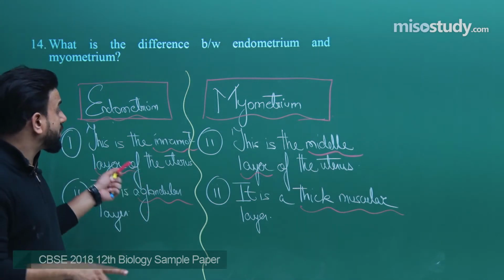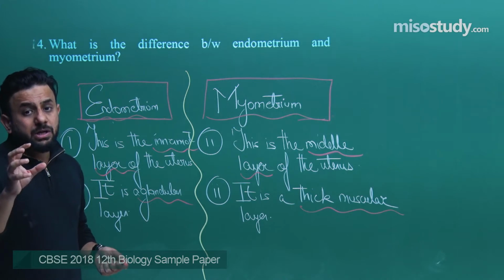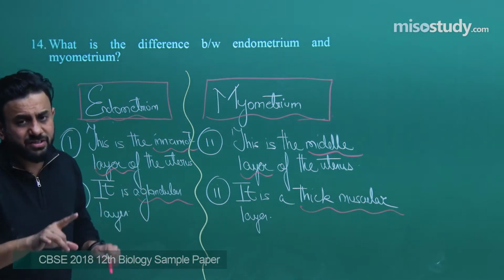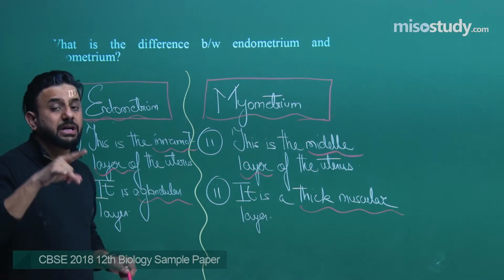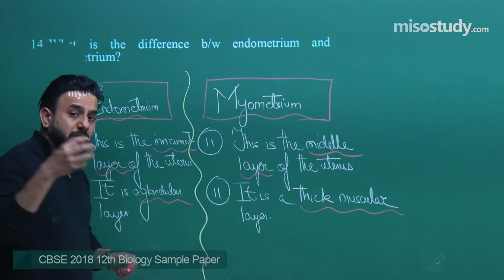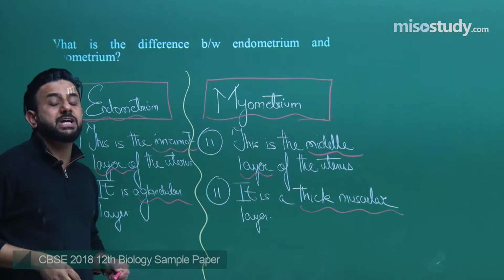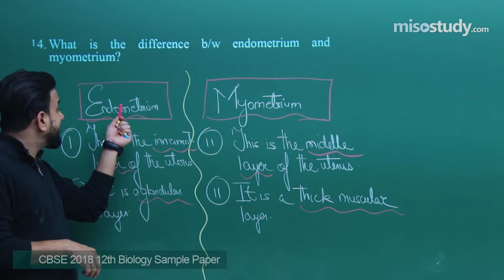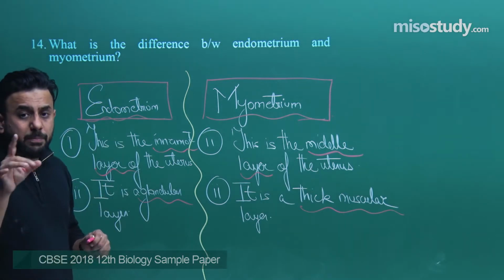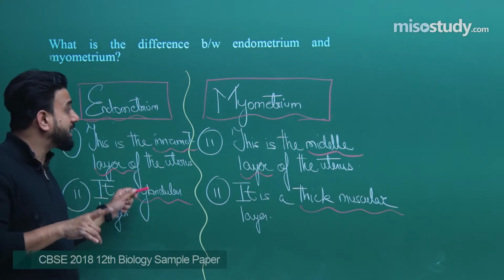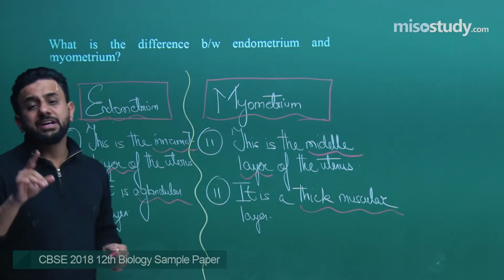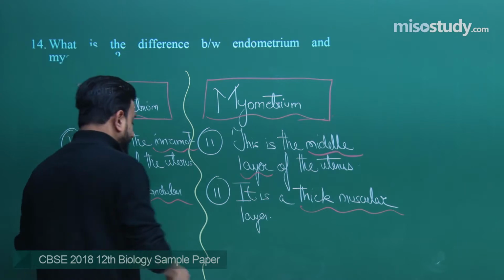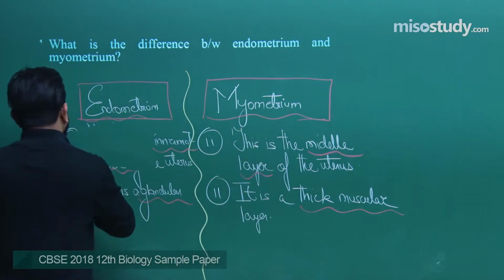You remember the first question we talked about, that after ovulation, after about 9 days, we said 5 to 8 days is a range, but actually it takes place after 9 days, the blastocyst stage of the zygote gets implanted. So it is in the endometrium layer that the blastocyst stage of the zygote is implanted. Myometrium is basically involved in the uterine wall movements. So the third difference I'll write here.